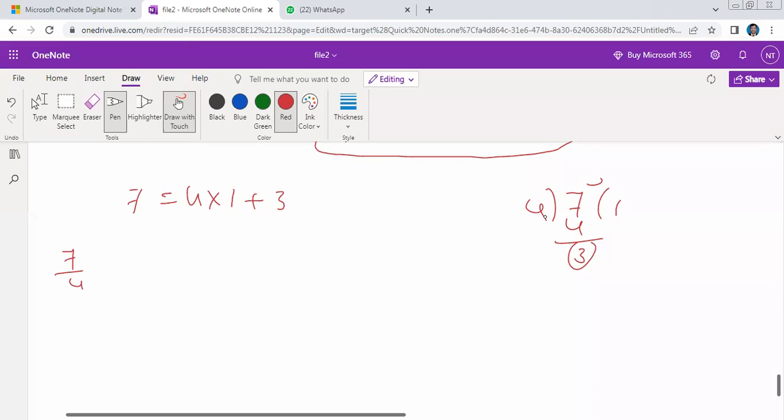Then next, divide 4 by 3. 3 ones are 3, remainder is 1. Therefore 4 is equal to 3 times 1 plus remainder 1. Then what about 3?